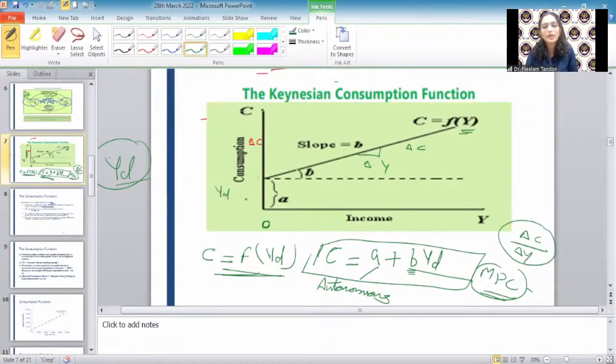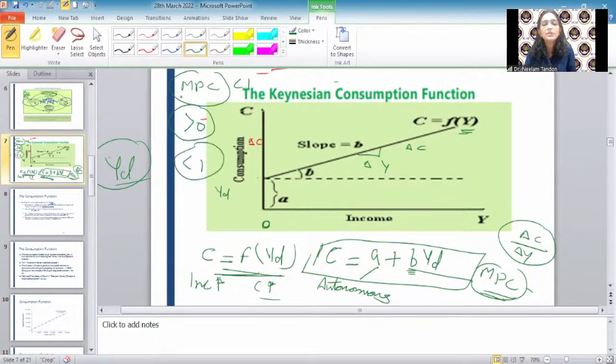Think yourself, if your income increases, do we spend the entire amount on consumption? No. So this is what Keynes said: marginal propensity to consume will always be less than 1. It will be greater than 0, but less than 1. Why?